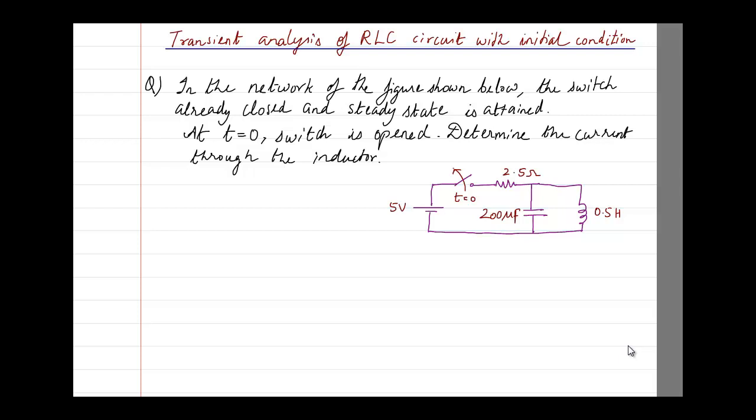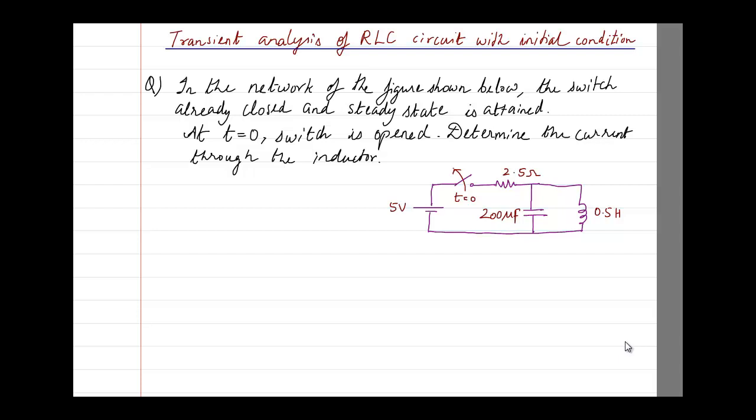Hello students. Next we come to the last part of this third module wherein we are looking at the transient analysis of RLC circuit with initial condition. That means up till now we had either seen an RL circuit, that means a resistance with an inductor, or an RC circuit where we had a resistance with capacitance.